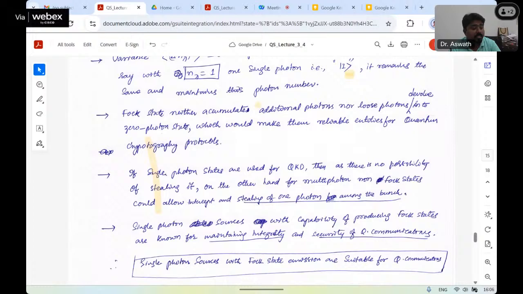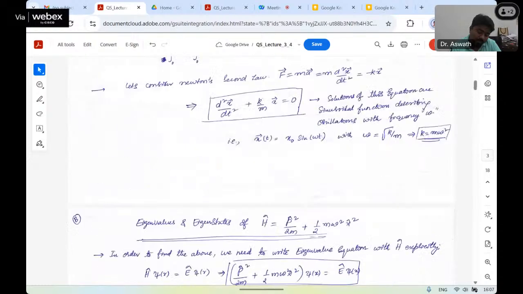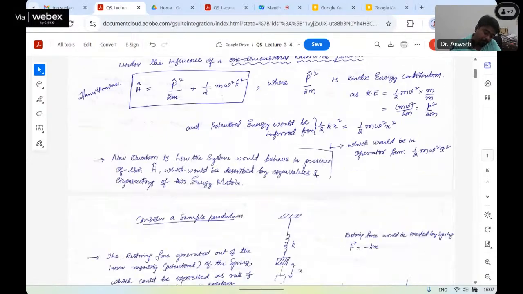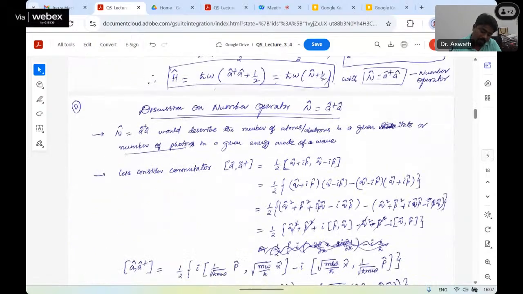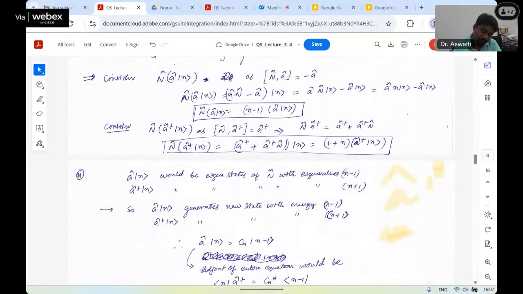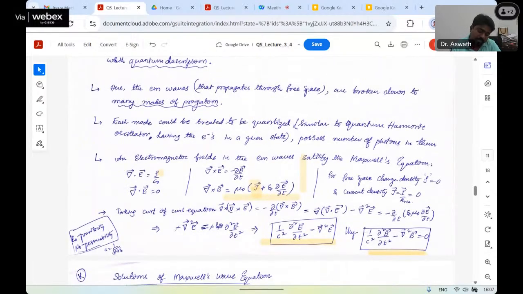So the question you are asking is, when we talk about Maxwell equations, are we not touching the classical concept? Of course, yes, you are absolutely right. So I started with the classical concept. Where are we? If you just see, this is a classical energy. I have not brought in any discreteness here.